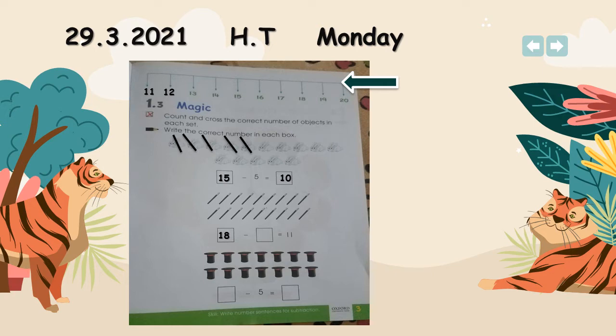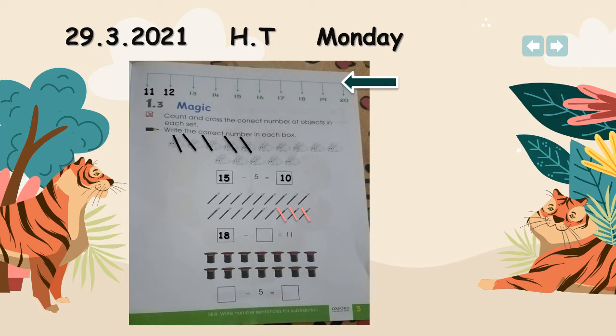Let's cross them. Sorry, we will count like 18, 17, 16. Why am I counting like this? Because we have to stop at 11. So how can we know I crossed till 11?